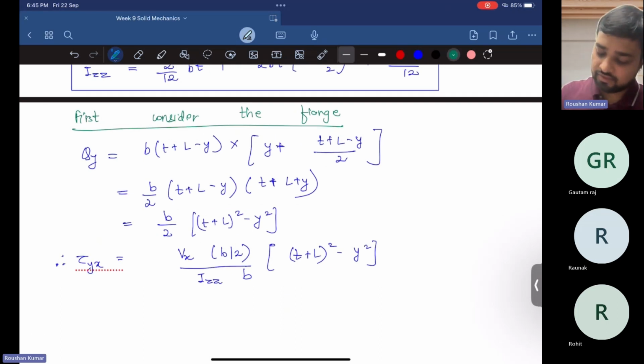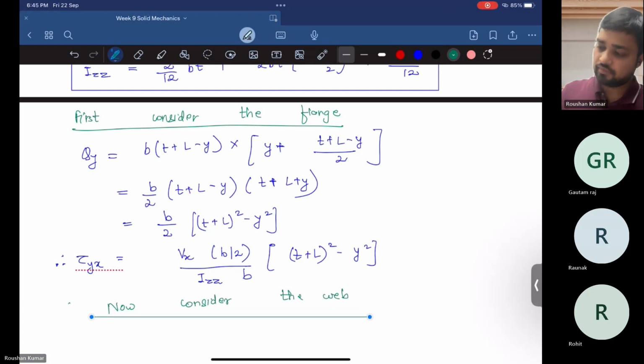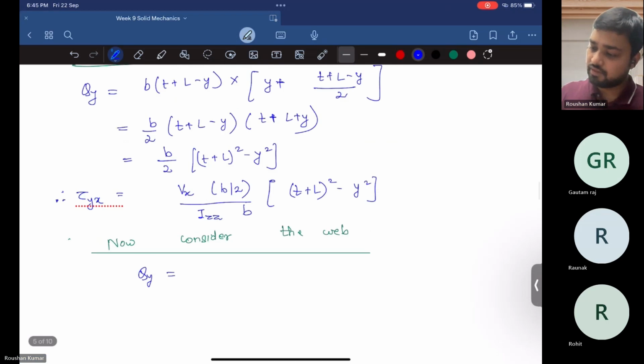Now consider the web. So for the web, Qy is given by the area.